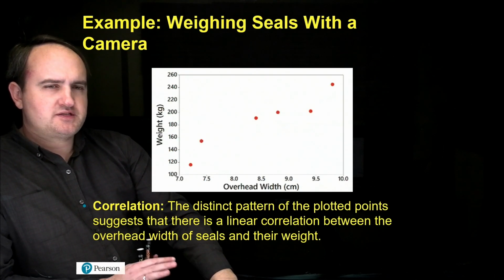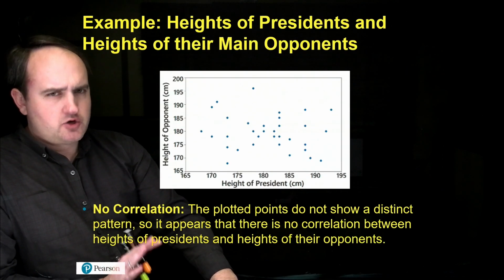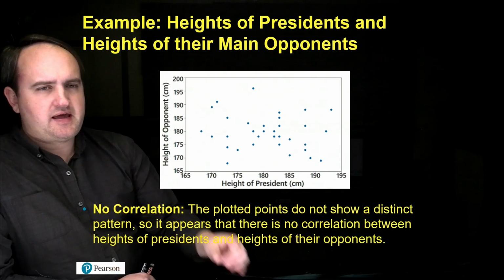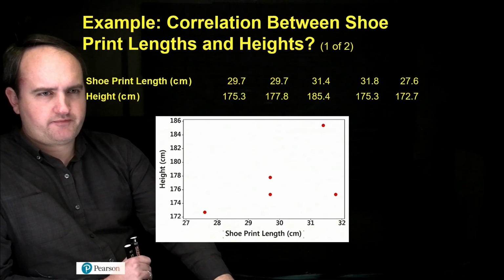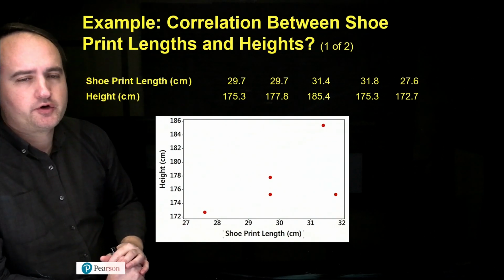So there is a middle ground between linear correlation and no correlation. And that middle ground would be, for example, this one right here later in our lecture slides in our notes.